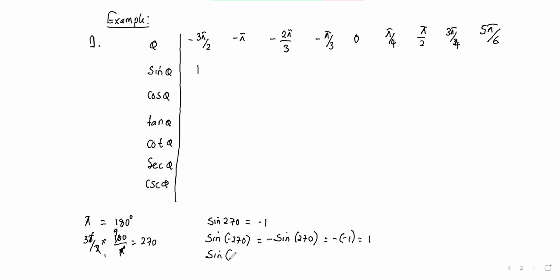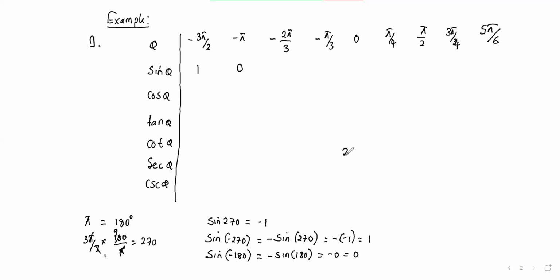What about sine of negative pi? We do the same, this will be negative 180. So that we get sine 180, which is 0. This guy is 0. What about 2 pi over 3? Again, we convert it.